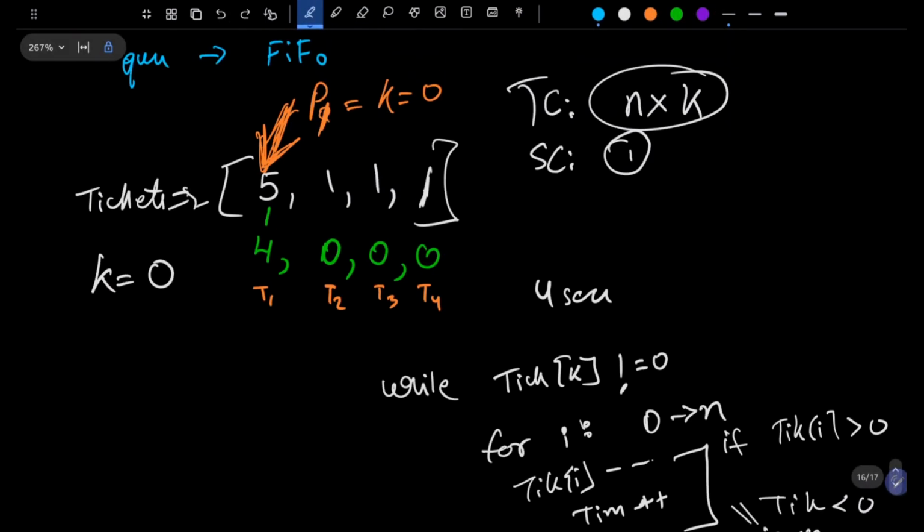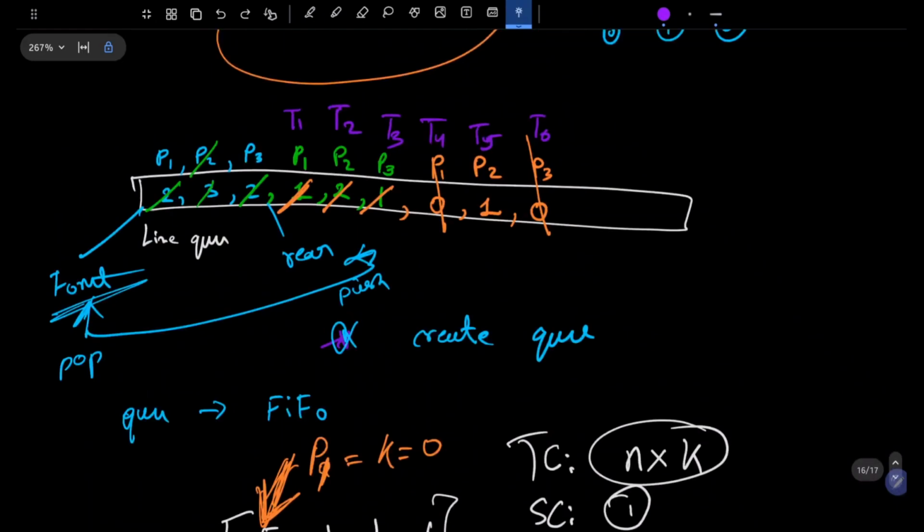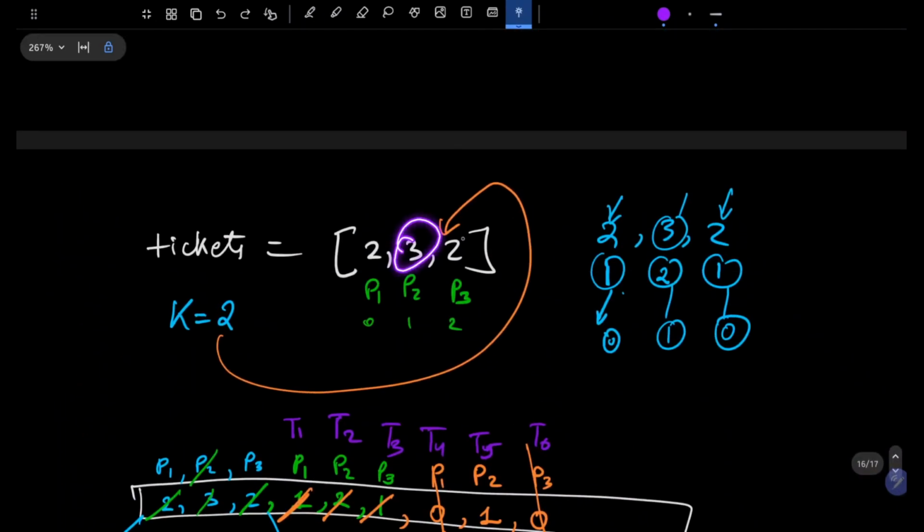The person coming before this position can buy at max k tickets. Person coming before this can buy 2.